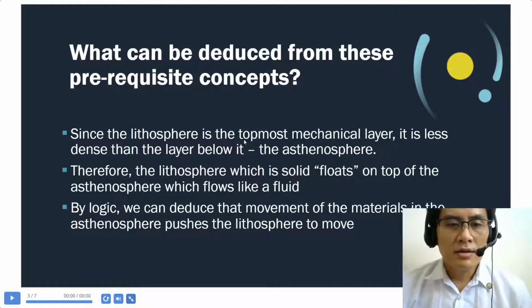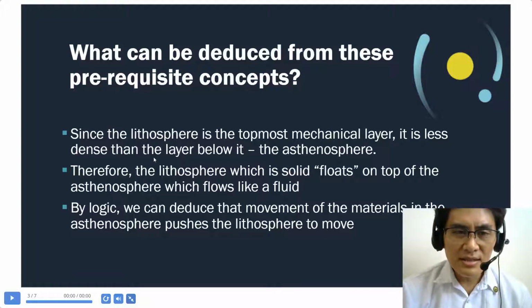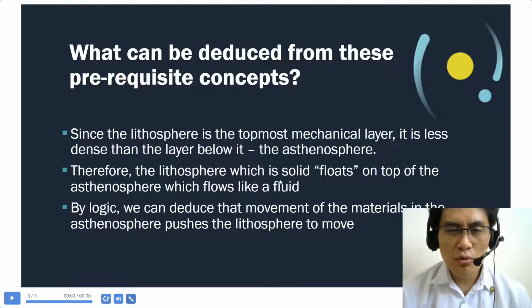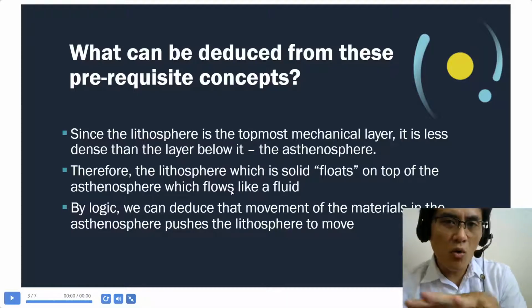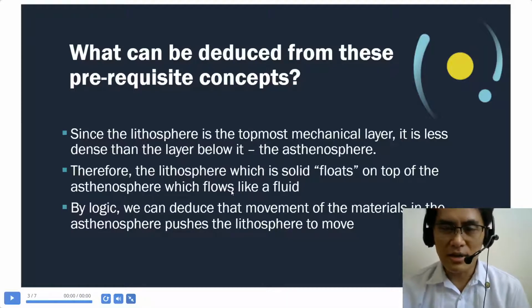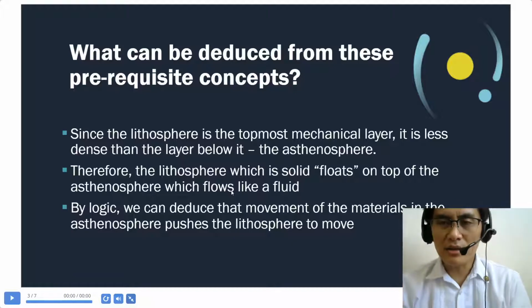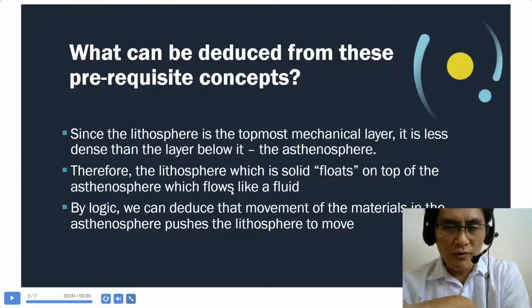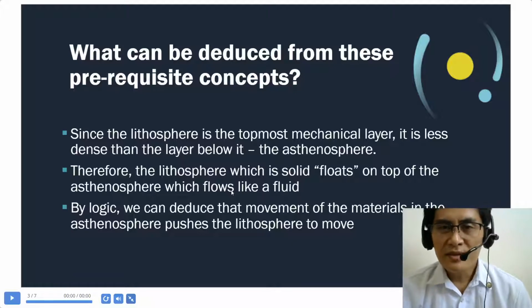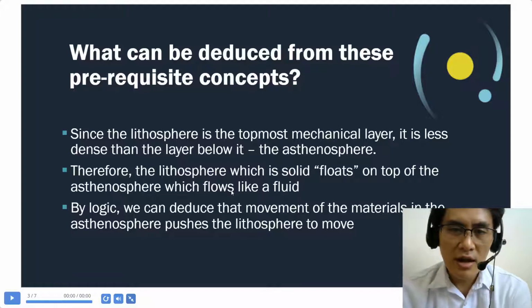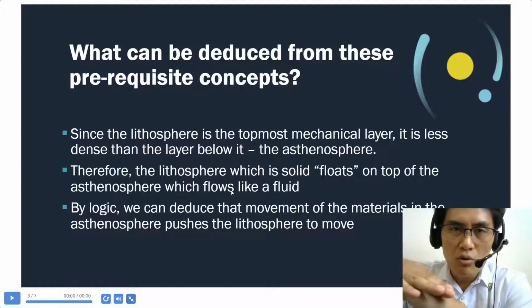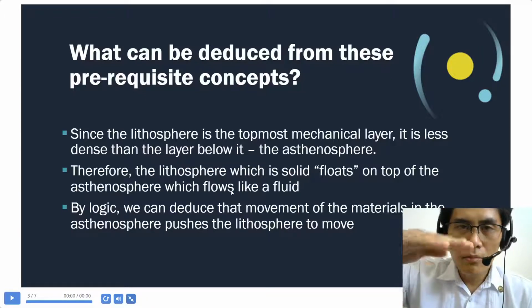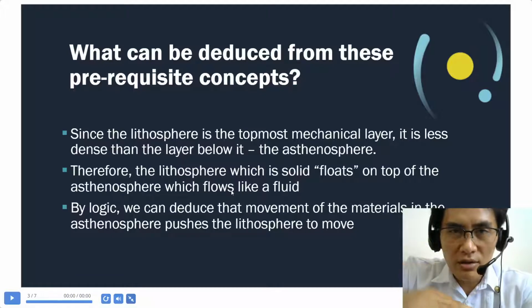And just like that, since the asthenosphere is also fluid-like, if the fluid flows, right, albeit very slowly, but it flows, then it's just like the ocean with a current in it. So ocean currents are able to move the boats that are floating on top of it.